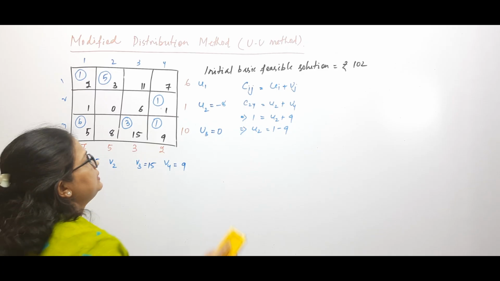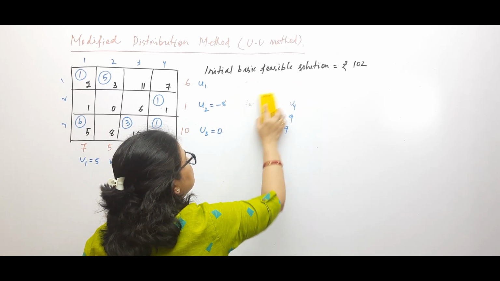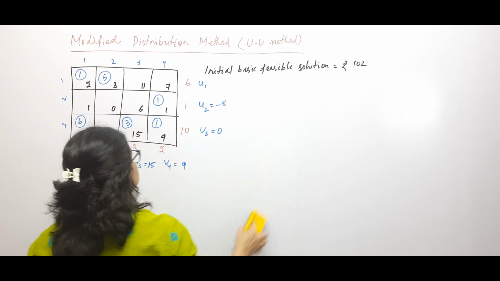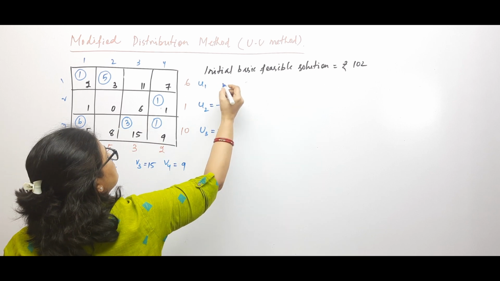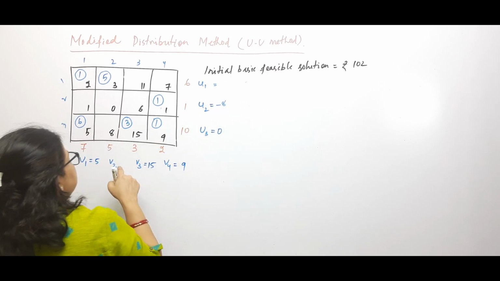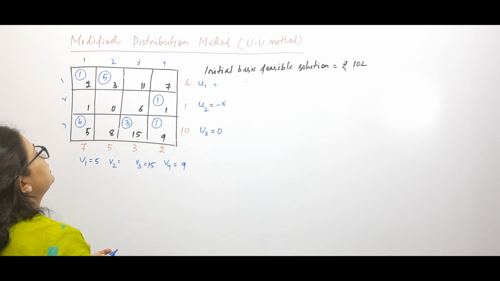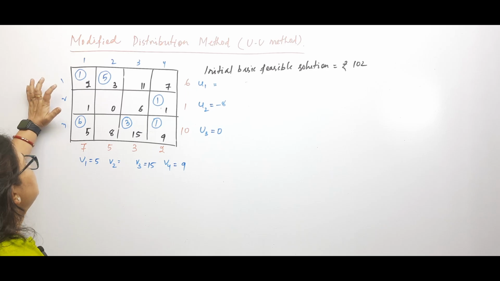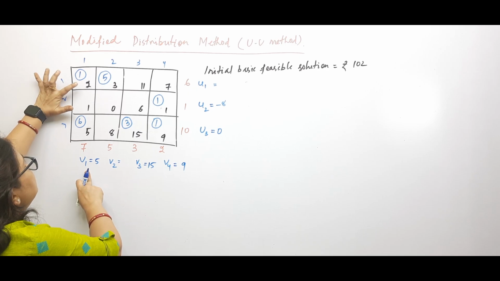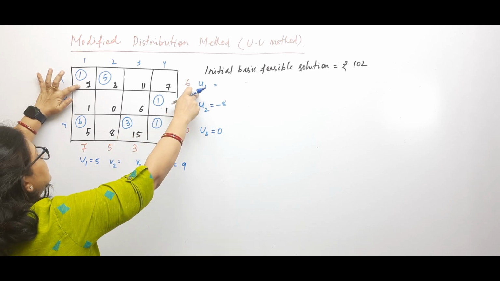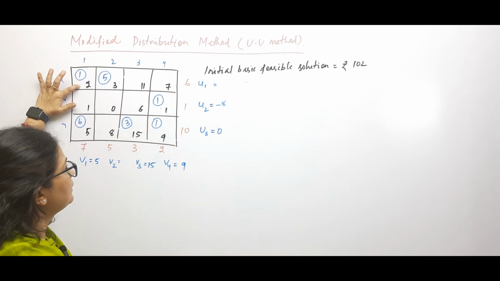Right? Like this, we have to calculate the U1 and V2. So U1 and V2. How we can calculate U1 and V2? Here we have V1, so we can calculate U1 here. Okay.